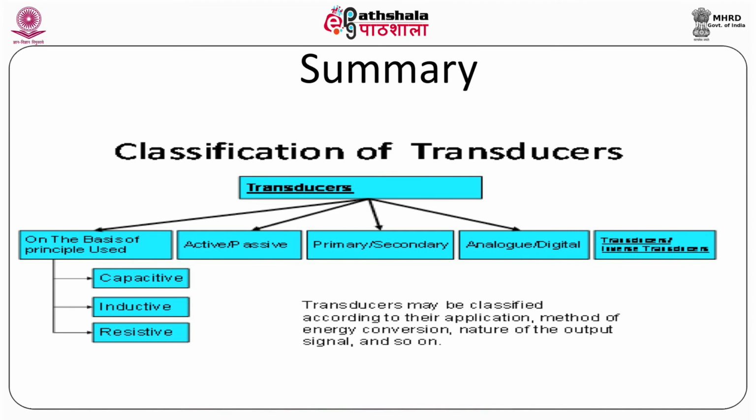The next type of transducers are the resistive type, which obey Ohm's law. A second class of transducers is based upon changes in the resistance of the device as some physical parameter is changed.